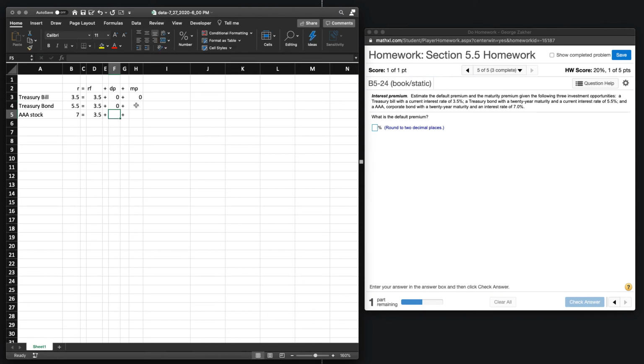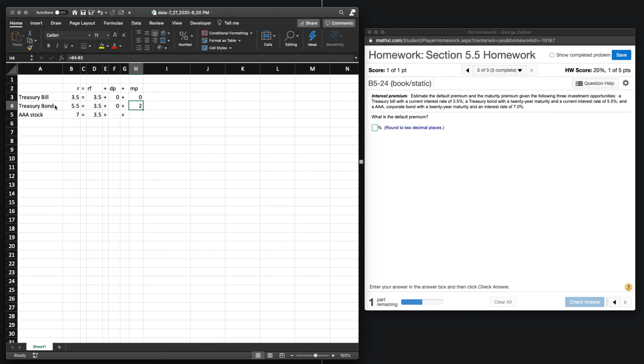So what that means for the maturity premium is, we know it's going to be the difference between the Treasury bond and the Treasury bill. You can also look at it by adding it together, okay? And of course, there is a maturity premium for a Treasury bond because we know it's a 20-year maturity. So that is the similarity and difference between the Treasury bond and Treasury bill.